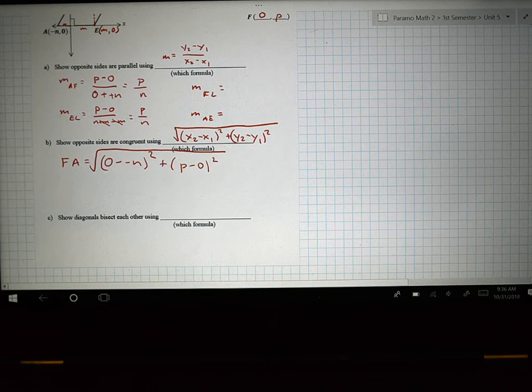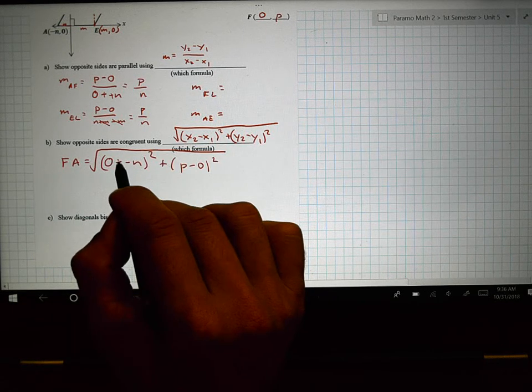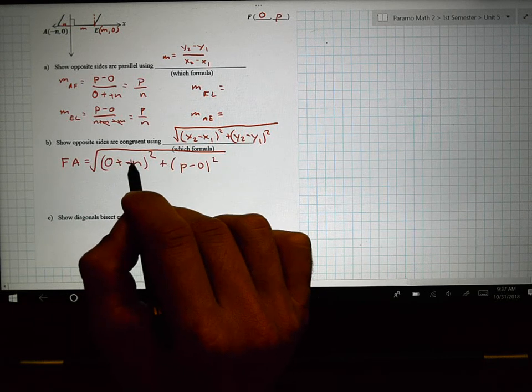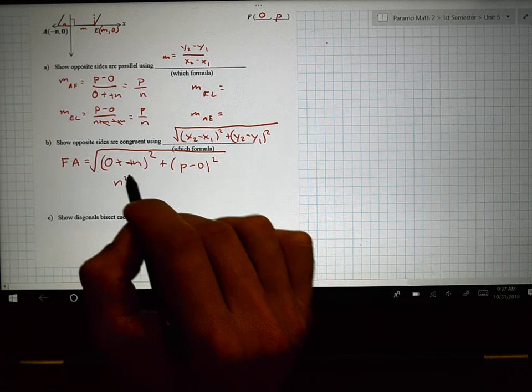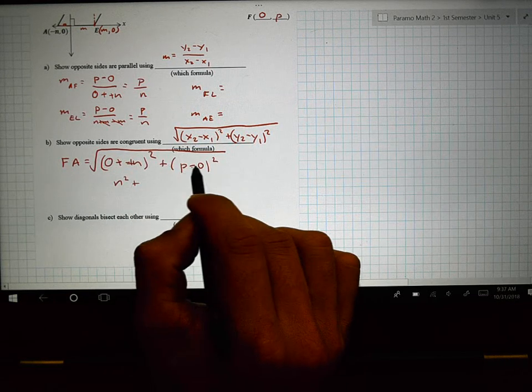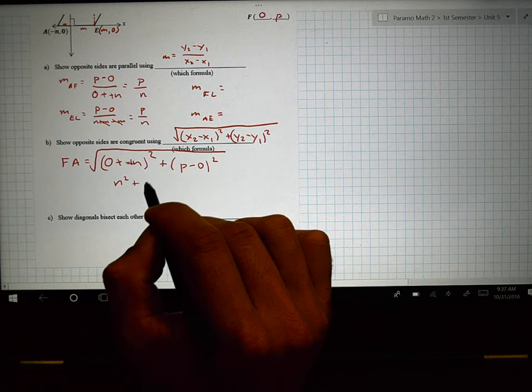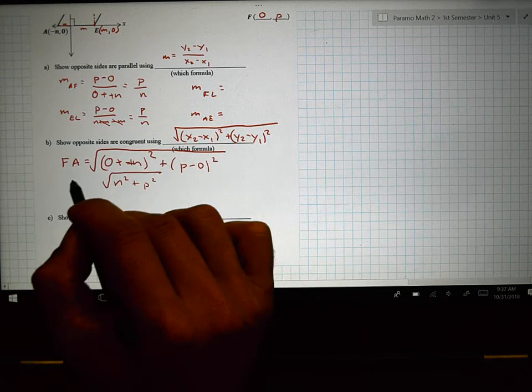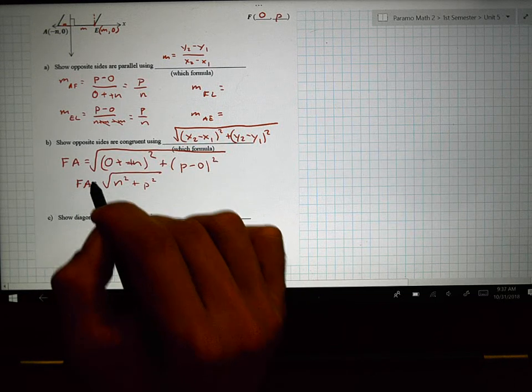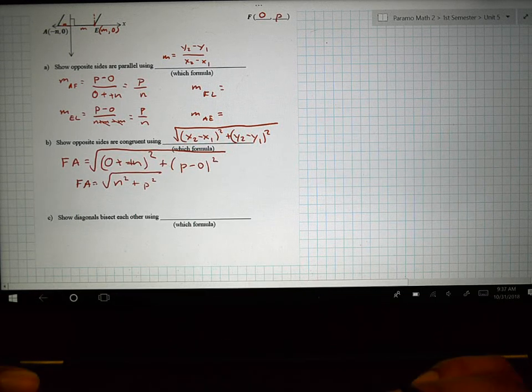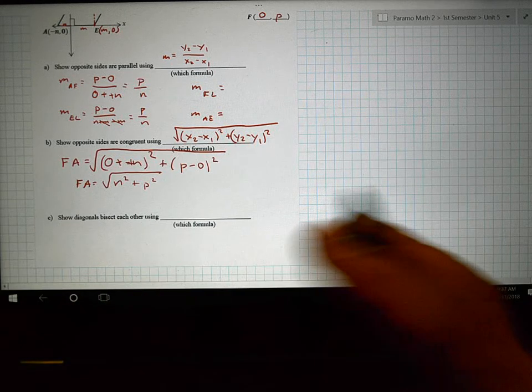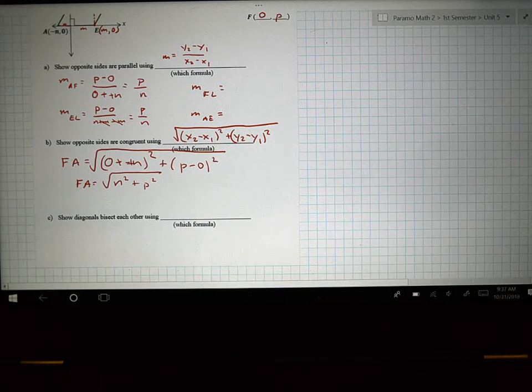What does that look like? That looks like we go 0 plus n is n squared, plus p minus 0 is p squared. When you get to here, this is how long FA is. You cannot square root anything else. This is as far as you can go.